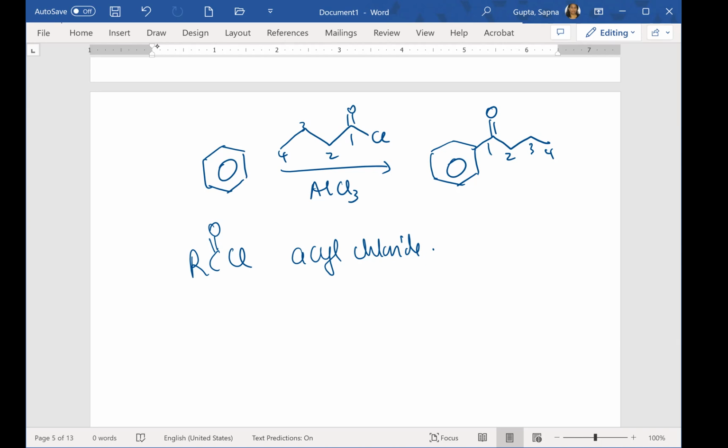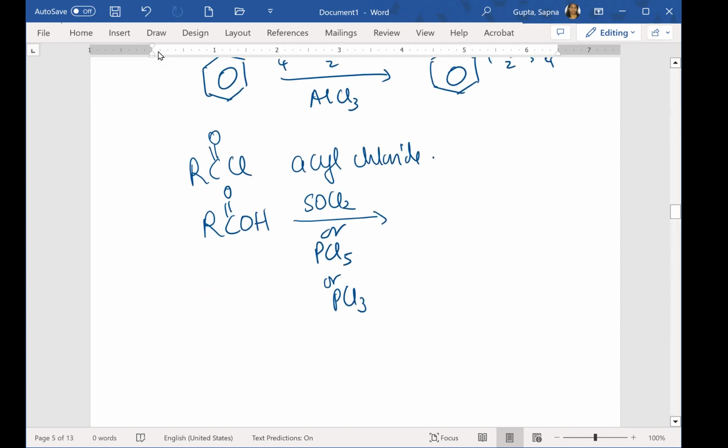For acyl chlorides, you take a carboxylic acid and treat that with thionyl chloride or PCl5 or PCl3. You remember these three reagents we've dealt with before. The way you saw them before was when we took an alcohol and treated it with thionyl chloride in order to get the chloride on there without any rearrangement.